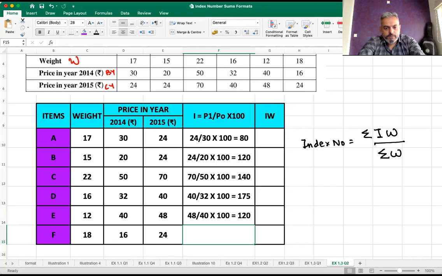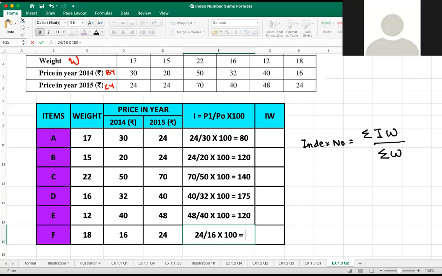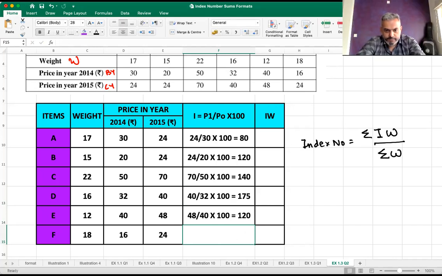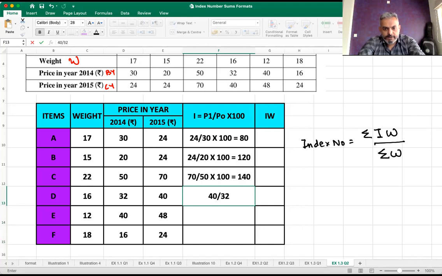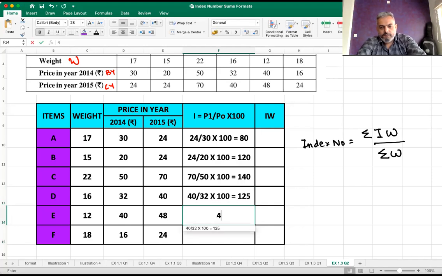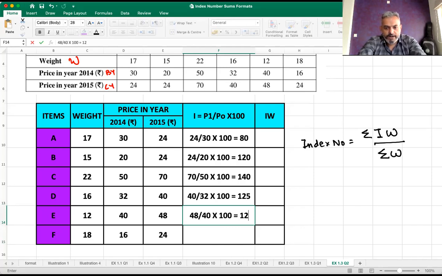And then 24 divided by 16 into 100. Sir, instead of 175, 125 will come. Yes, that's wrong. Correct. 40 divided by 32 into 100 is equal to 125. 48 divided by 40 into 100 is equal to 120, and 24 divided by 16 into 100 is equal to 150.